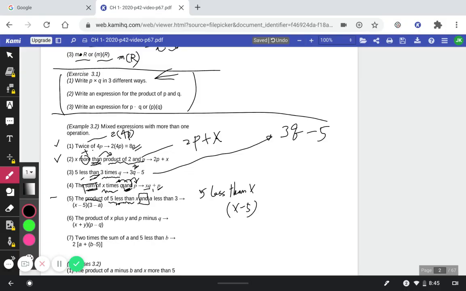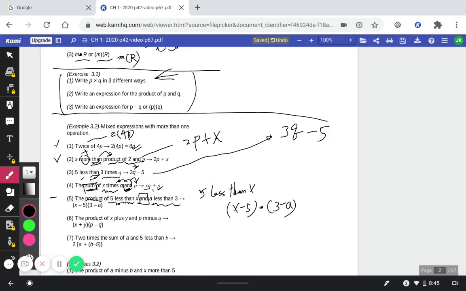Not 5 minus x. So you're multiplying that with whatever expression is after "and," which is a less than 3. So that's 3 minus a. So this was complicated, right? Not only do you have "and" with the product, you also have "less than" expressions. So you have to be careful with this kind of thing.